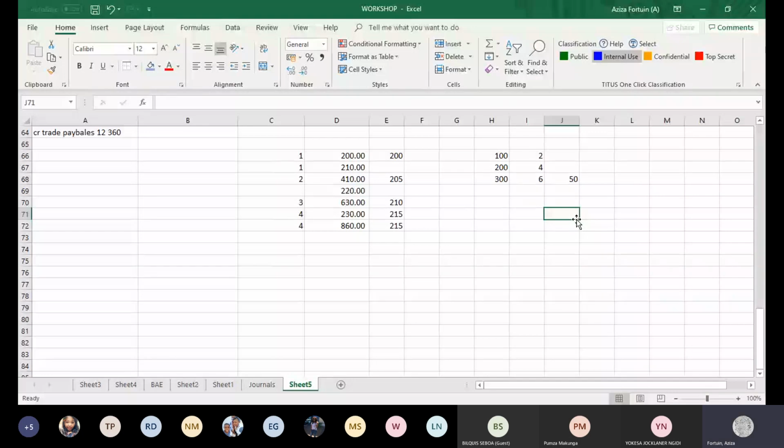Okay. Now they say here on 5.7, we're going to use the example in 5.2 and prepare inventory according to the weighted average method. Where is 5.2?